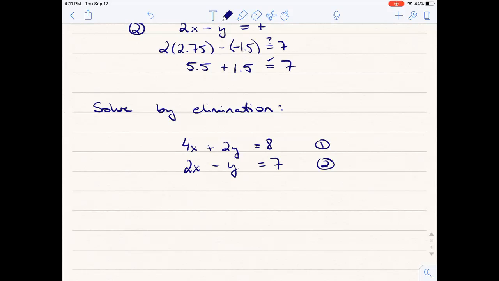What could I do if I wanted to eliminate the x's? Easiest thing would be to multiply this equation by 2, and then subtract the 2, right? 4x minus 4x is 0. Now x is gone. That would work.